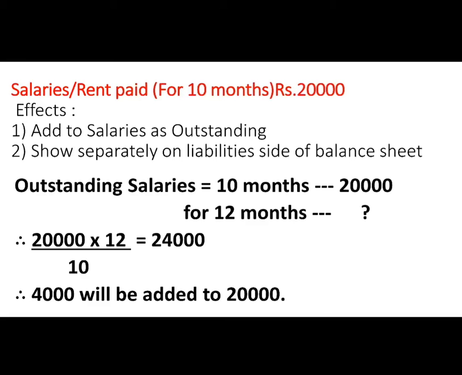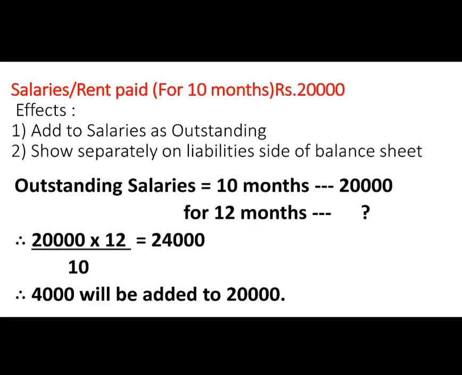It might be given with salary or with rent. If you find something like this in the bracket with salaries or rent, it will be a hidden adjustment. So what is said: salaries and rent paid for 10 months rupees 20,000.